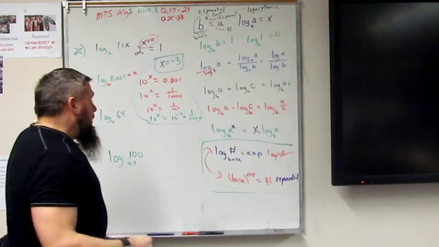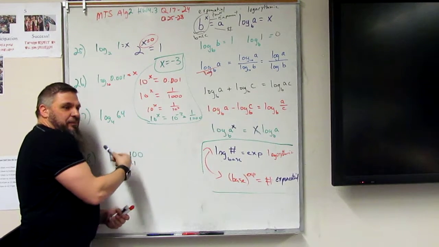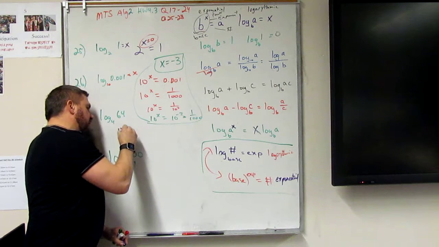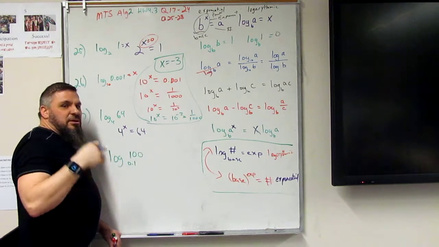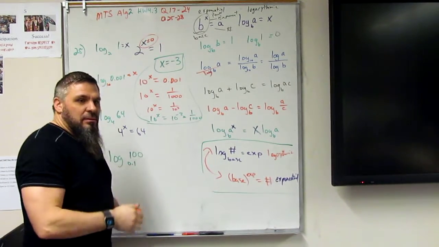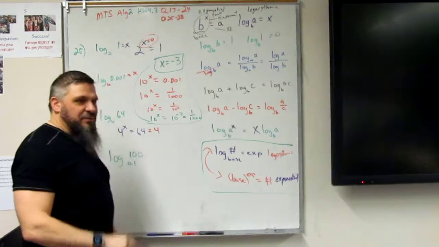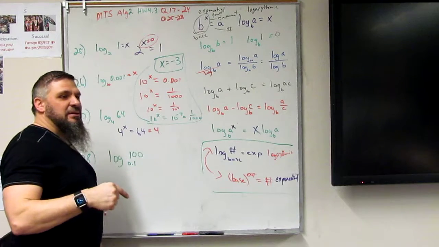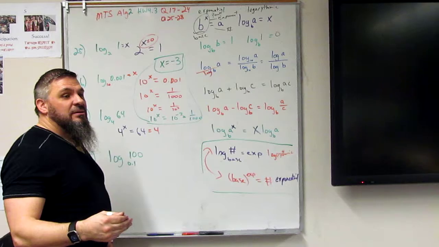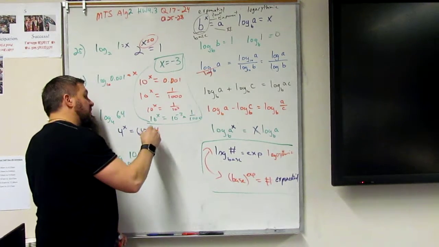Okay? Well, let's do one a little easier. What's the base of this one? 4. Raised to an unknown power is 64. So, how many 4s do I have to multiply to get 64? 4 times 4 is 16. 16 times 4 is 64.